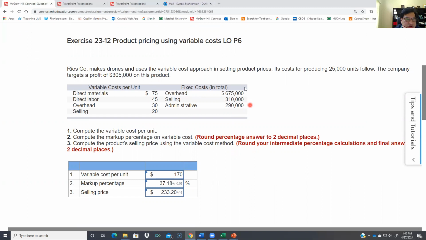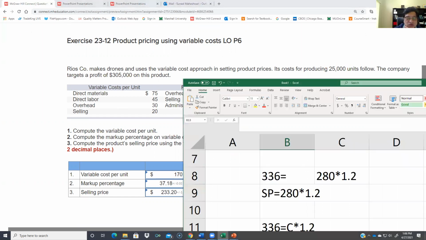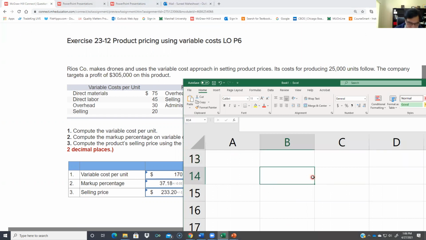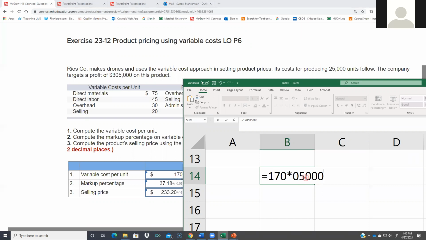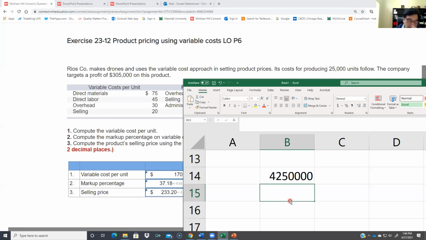It tells you these are your overheads and the company wants a target profit of 305,000. And it is selling 25,000 units. As far as the question is concerned, you've got $170 in the variable cost that you already know, right? That's for 1 unit. So for 25,000 units, that's the variable cost. Are you good with that? Yes.